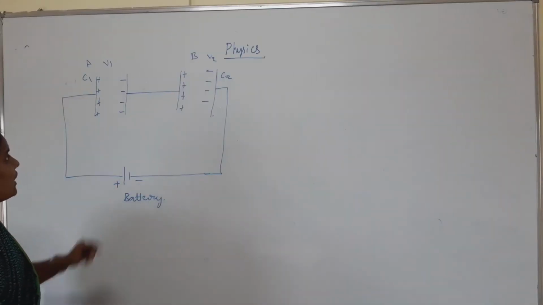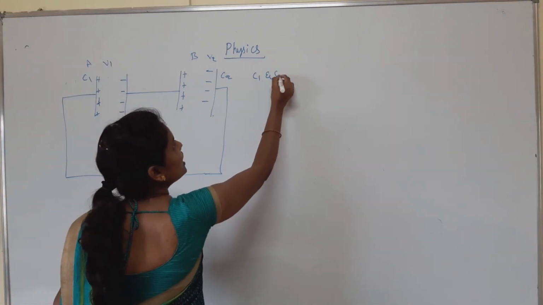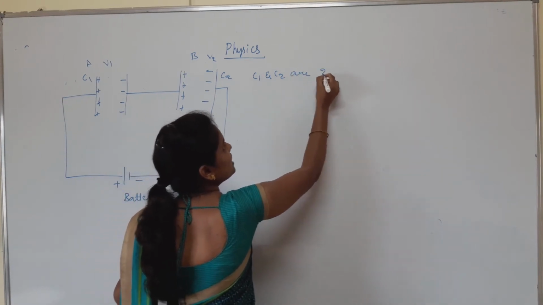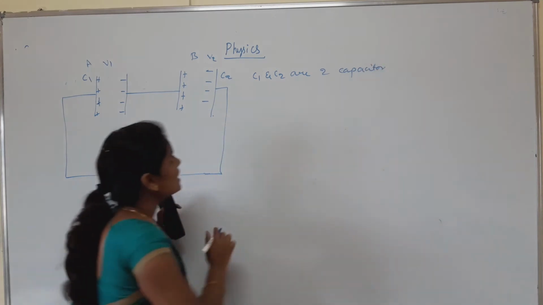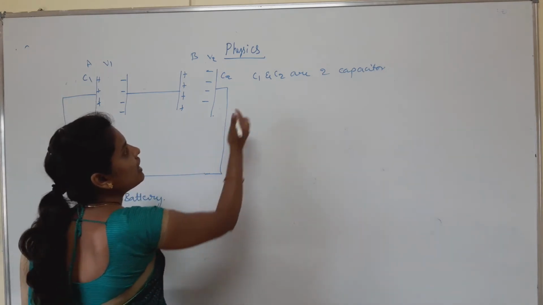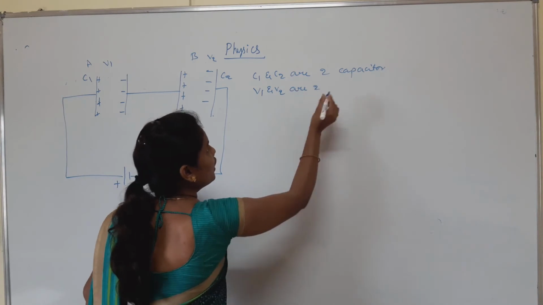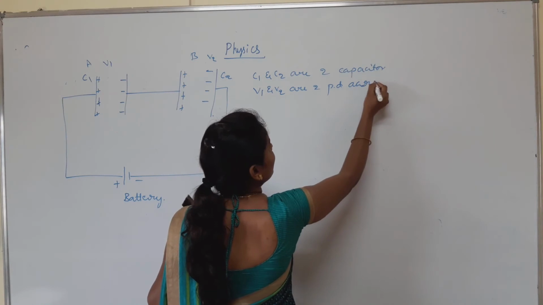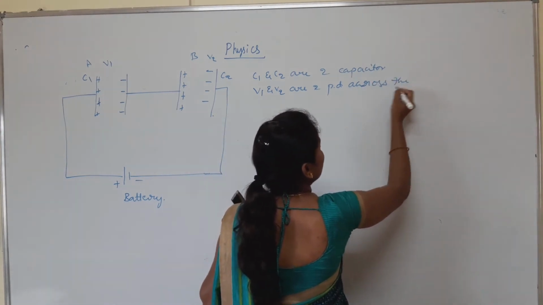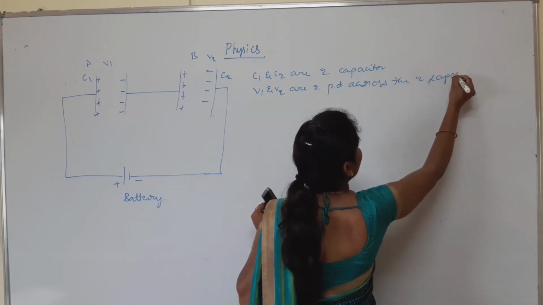Here, C1 and C2 are two capacitors connected in series, A and B are the points, and V1 and V2 are the potential differences across the two capacitors.